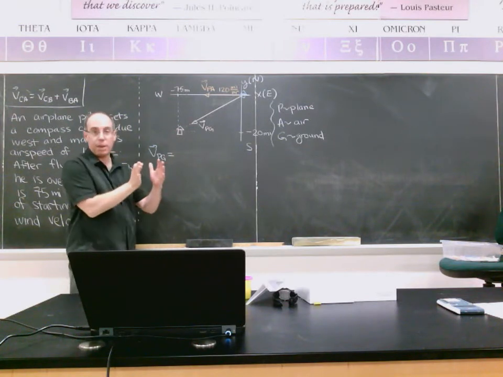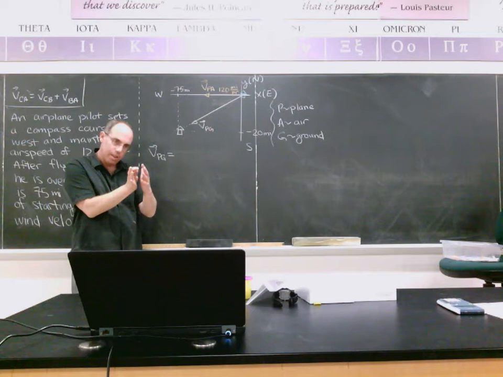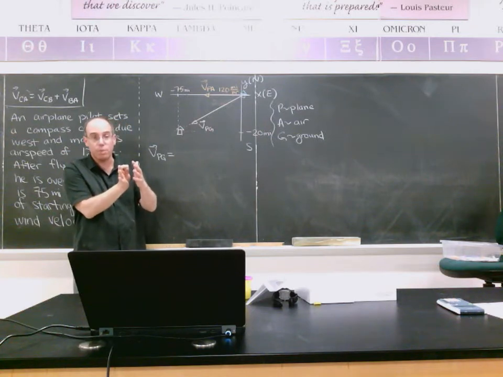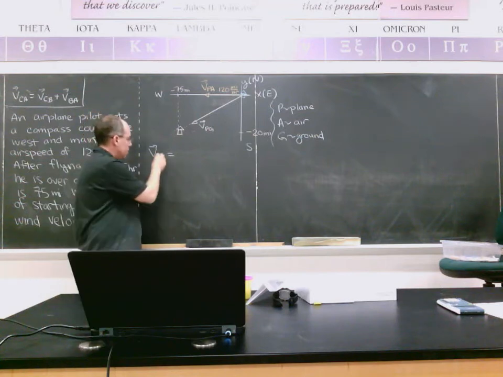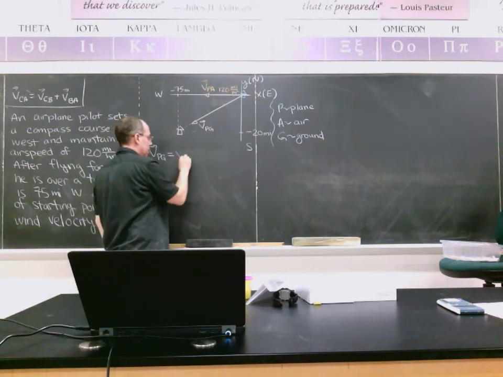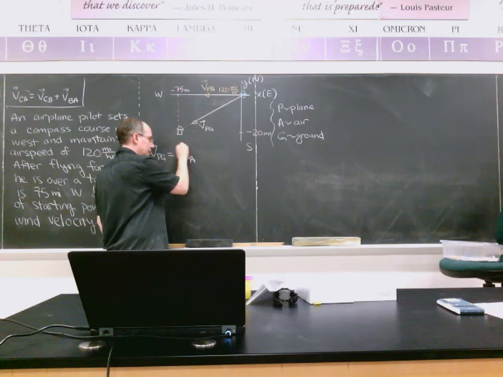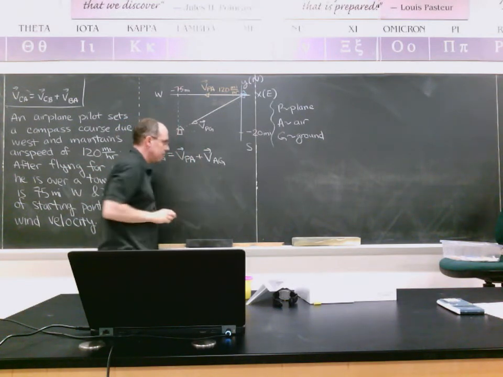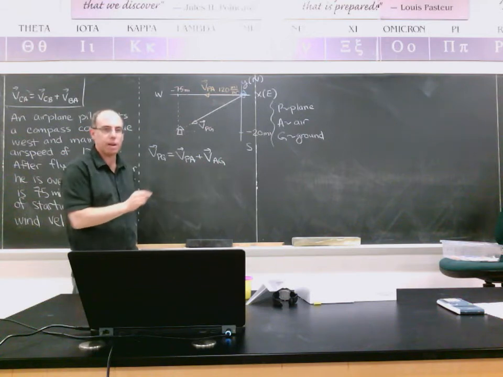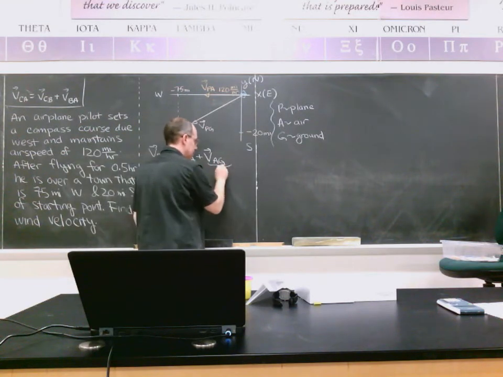So we're going to take the P and G on the left there. Like we did with the sandwich rule in the previous video, we take the P and G and open them up and drop A in the middle. So you have velocity of plane with respect to ground equals velocity of plane with respect to air plus velocity of air with respect to ground. Okay? The velocity of the air with respect to ground is the wind velocity.